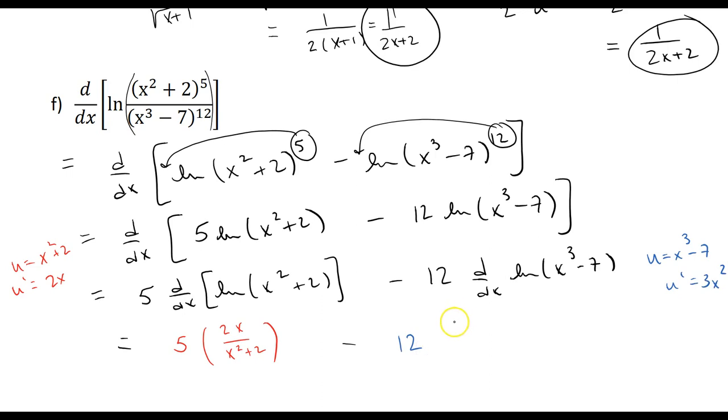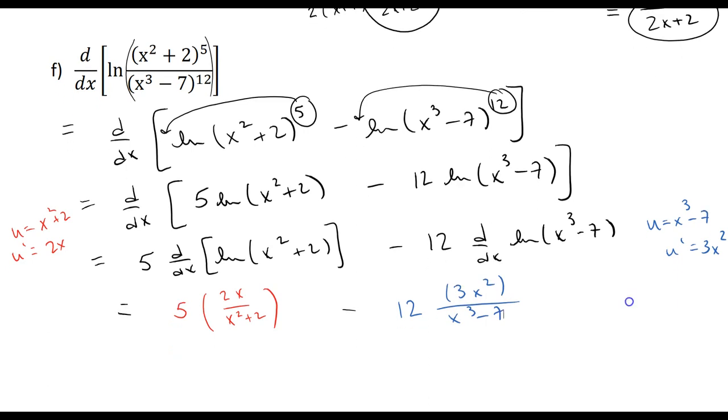So this would be 12 times 3x squared over x cubed minus 7. And just to go one step further with it, I have 10x divided by x squared plus 2 minus 36x squared divided by x cubed minus 7.